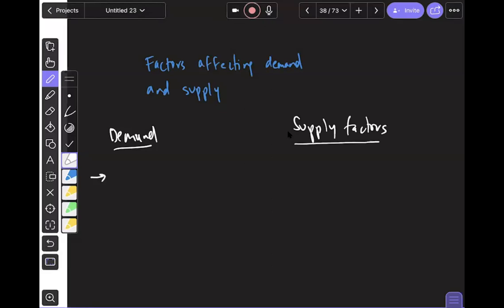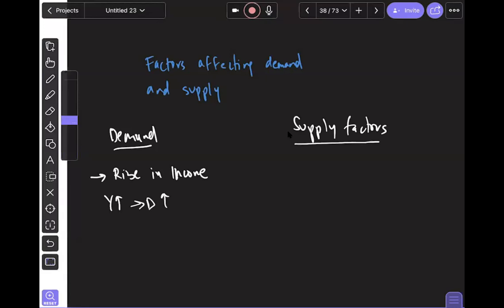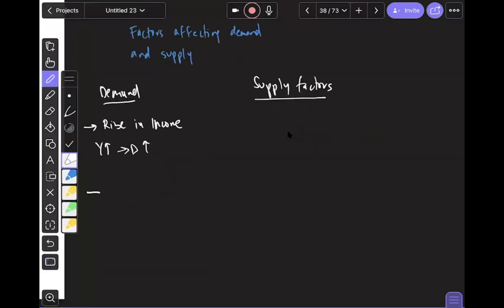A demand factor could be a rise in income, because when the income goes up, demand will go up. That happens if the good is normal in nature. If the good is normal in nature, whenever the income goes up, demand will go up.